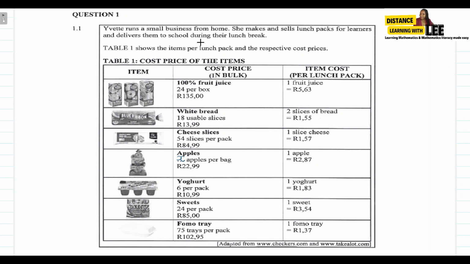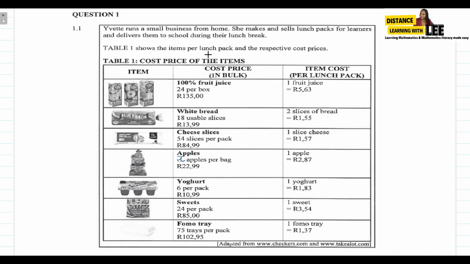We are told that table 1 shows these items per lunch pack and their respective cost prices. So let's look at all the items that Yvette puts in these lunch packs. We can see that Yvette puts juice, slices of bread, cheese, apples, yogurt, and sweets.